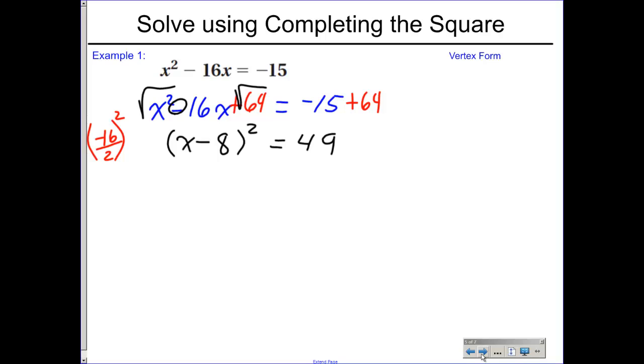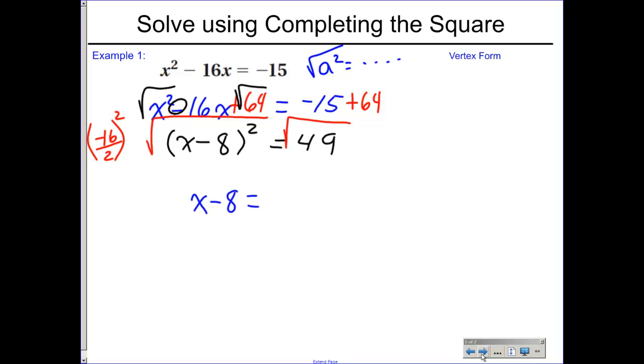Well, if you remember back to Pythagorean theorem, when we had things like a squared equals something, to get rid of the square, we would take the square root of both sides. So that's all we're going to do right now. We're going to take the square root of this side, and we're going to take the square root of that side. So when I take the square root of x minus 8 squared, all that's left over is x minus 8.